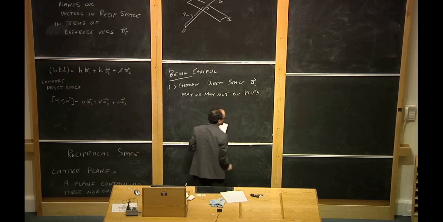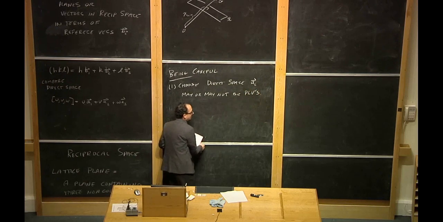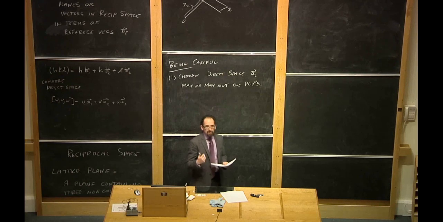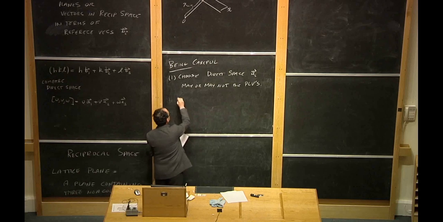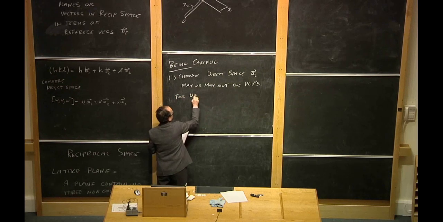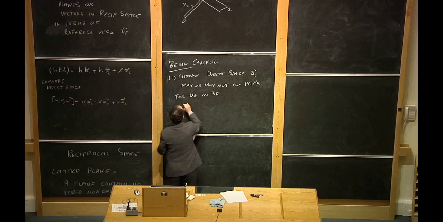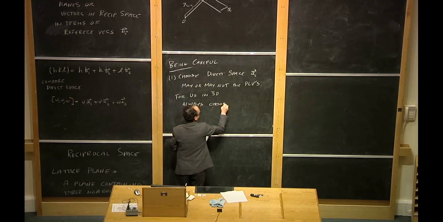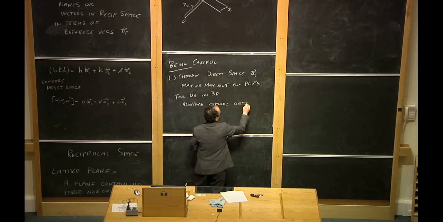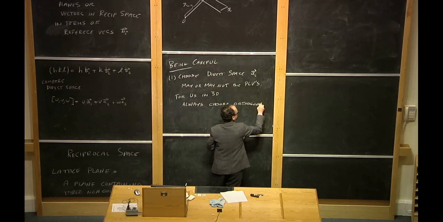PLVs. Now for us, you'll remember we had this rule that we're not going to be responsible for lattices in 3 dimensions where the axes are not orthogonal. For us in 3D, we always choose orthogonal a's.